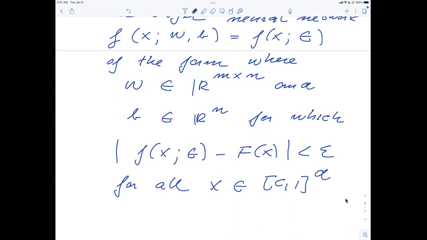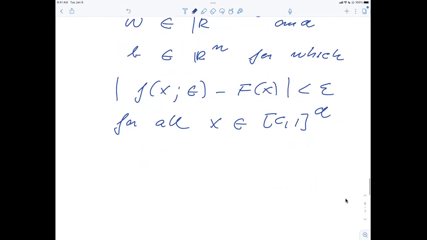So the universal approximation theorem simply states that we can approximate any continuous function with a neural network with at least one hidden layer. And Hornik improved the theorem by allowing any non-constant bounded activation function. So that's the universal approximation theorem, which plays a very important role in the theory of deep learning.